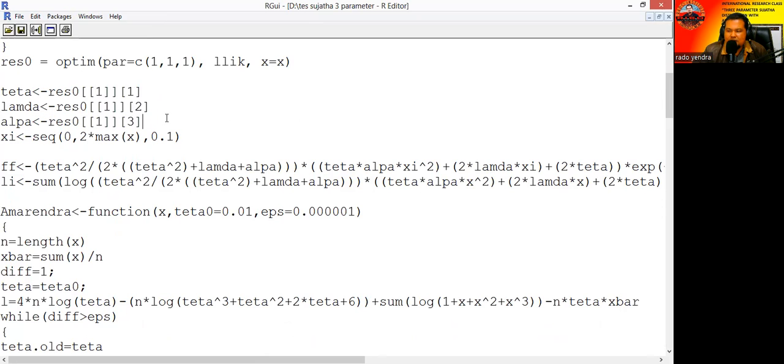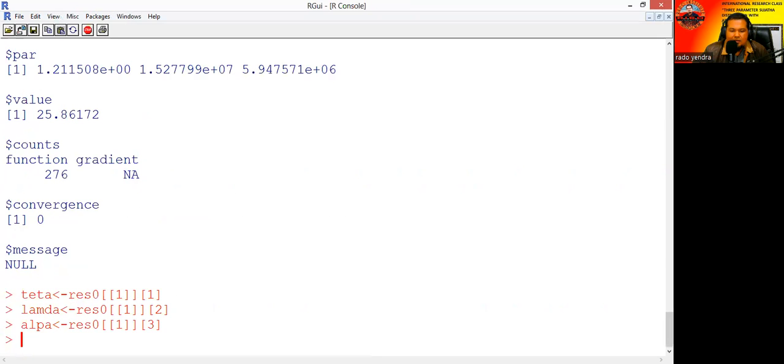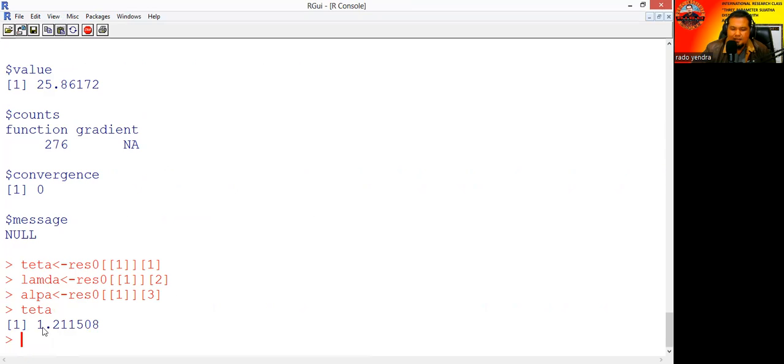It means you take all the parameters one by one here. Okay, you run here. You can check in your console. For example, you can type theta here, theta. Of course, you must find the theta parameter.